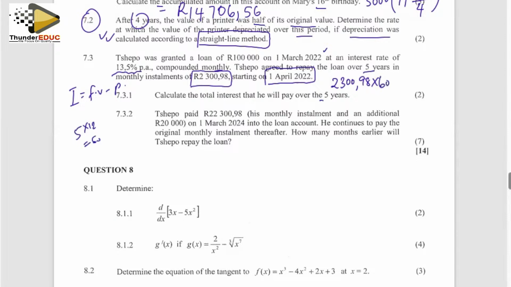So times 60, this amount, you subtract your 100,000. The extra is what Tepo paid. So that's going to be 38,058.80. So that is the extra that Tepo had to pay.